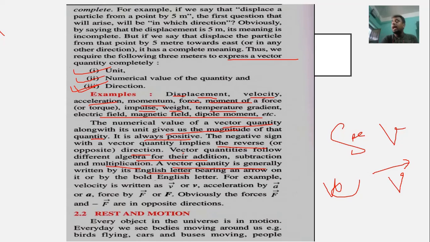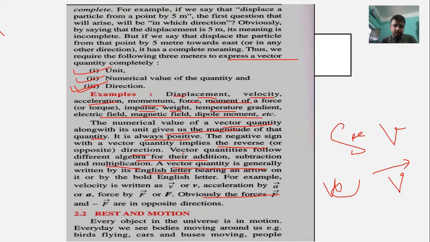When you give that arrow, that will be considered as velocity. If there is no arrow, then we consider it as scalar. The arrow indicates that it is going in a certain direction.